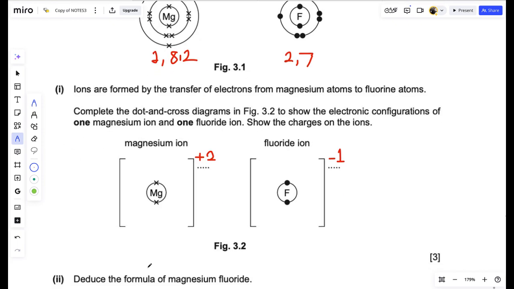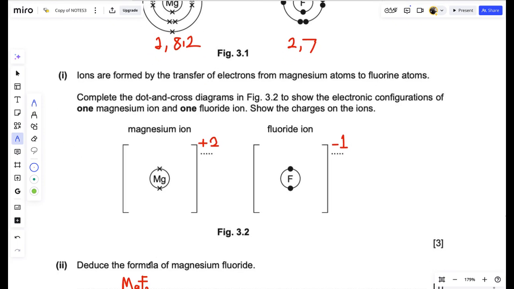Okay, magnesium, it has 2, right? So we're going to complete this one. Go to magnesium. The second one is 8, right? So we have 8 here. Then the third one.